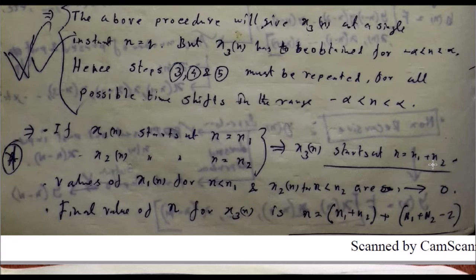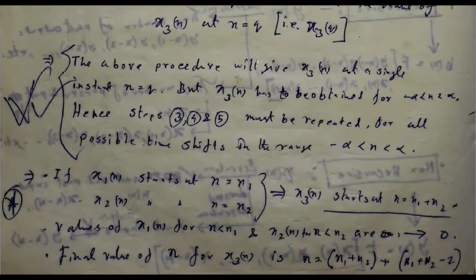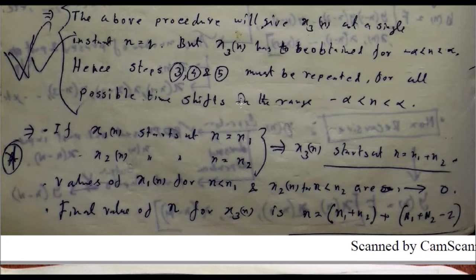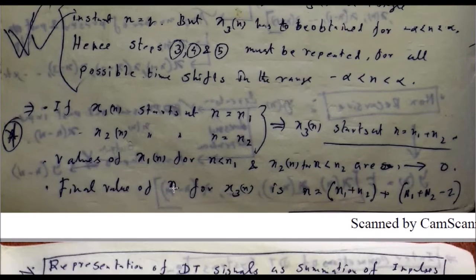That means the first q value you consider is n1 plus n2, and you follow these five steps up to the ending point of x3. The ending point can be obtained as n1 plus n2 plus capital N1 plus capital N2 minus 2.